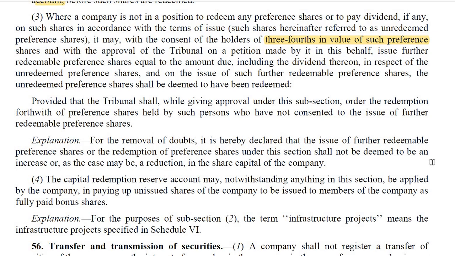The Capital Redemption Reserve Account may, notwithstanding anything in this section, be applied by the company in paying up unissued shares of the company to be issued to members of the company as fully paid bonus shares. For the purpose of subsection 2, the term infrastructure projects means infrastructure projects specified in Schedule 6 of the Companies Act, given as an annexure at the end of the Act.